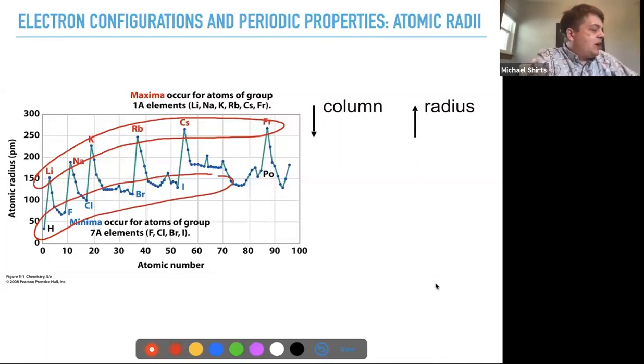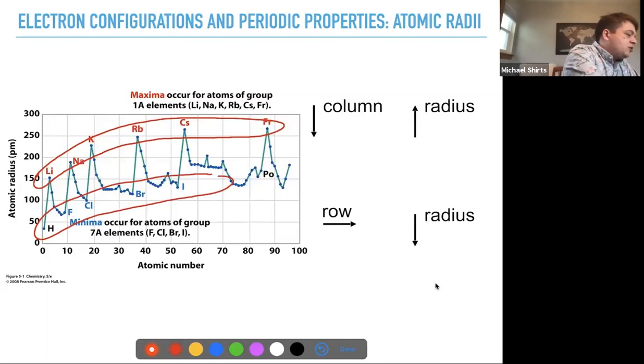As you go to having one missing from the shell, from fluorine to chlorine, bromine, iodine, it's going to be strictly increasing. So you can always be sure that as you go down the column, the size will get bigger.